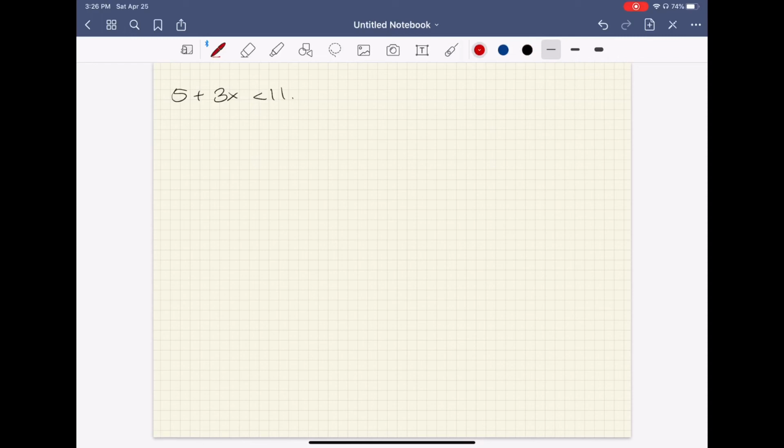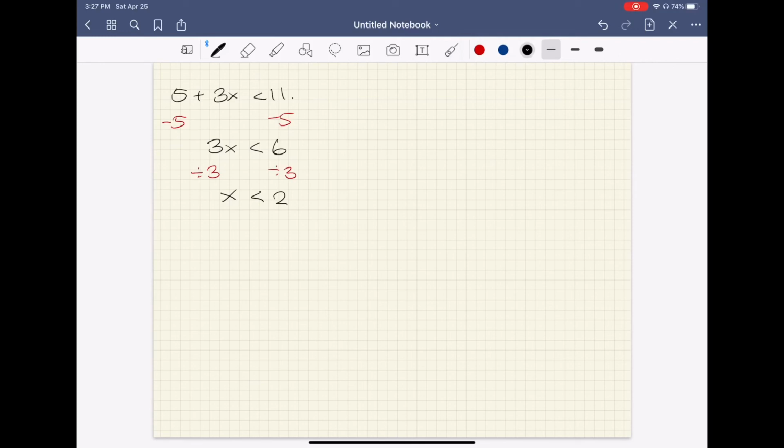Again, same as linear equations, we'll need to isolate the variable. So 3x is less than 6. Divide both sides by 3. We get x less than 2.